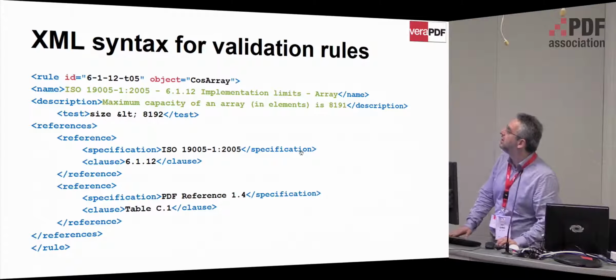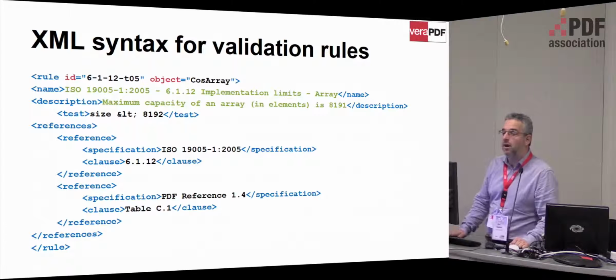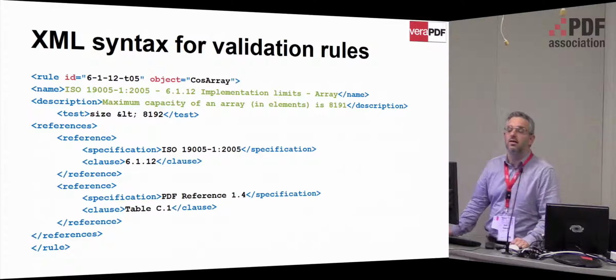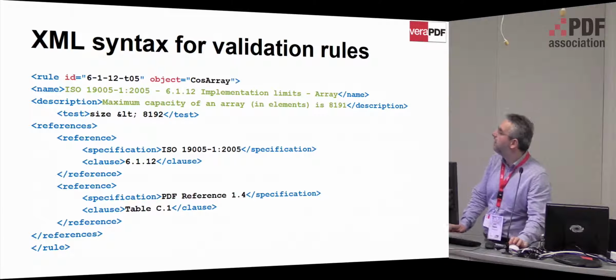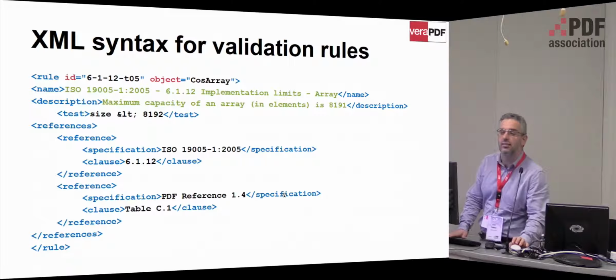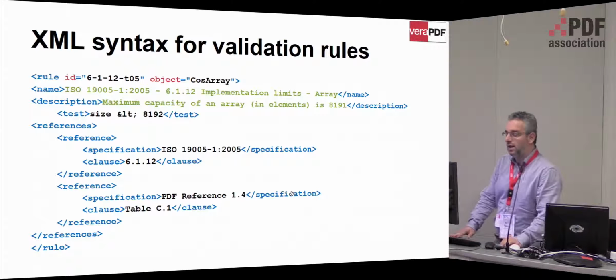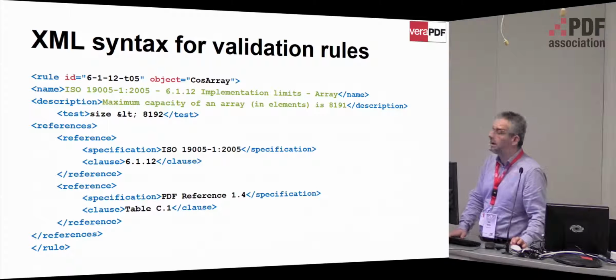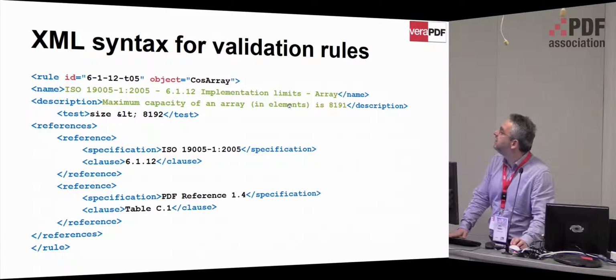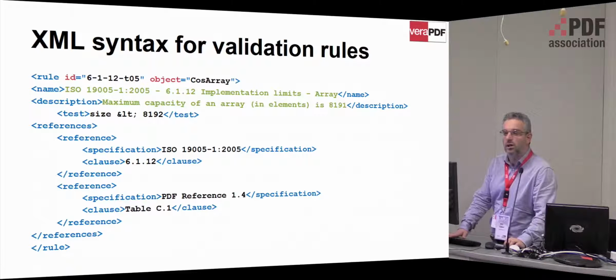One of them is PDF/A itself, but it just says that the objects have to comply with implementation limits. So we have another reference saying where exactly these implementation limits can be found, and one of those implementation limits is exactly this one. And this is the exact interpretation of this particular condition or rule we've got.